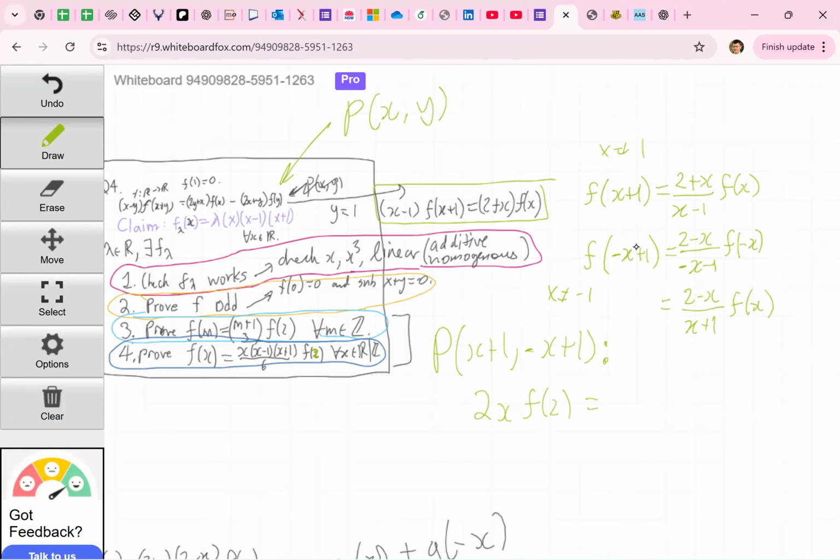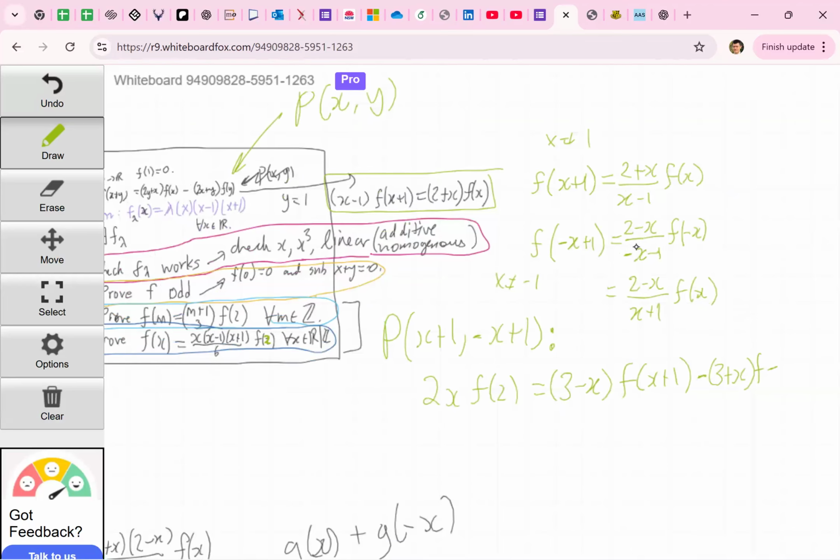So then it's 3 minus x, yeah. f of x plus 1 minus, this is 3 plus x, f of x minus x plus 1, yeah. Right? And then so then we just sub in.